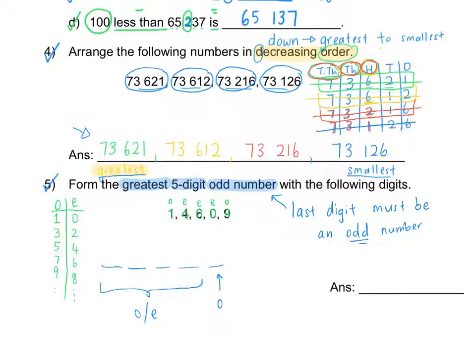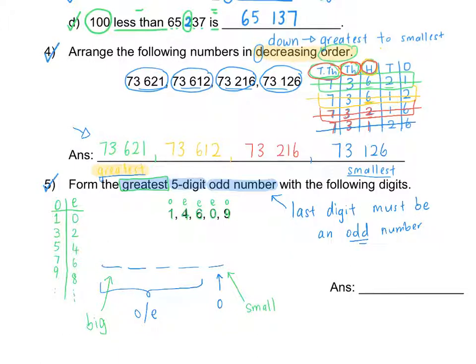Okay, so now after we are done deciding the odd and even numbers, we need to remind ourselves that we need to form the greatest 5-digit odd number. So greatest means the number in front must be as big as possible, whereas the number at the back must be as small as possible.